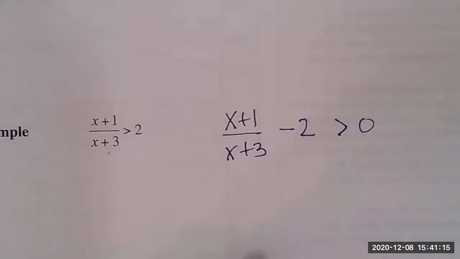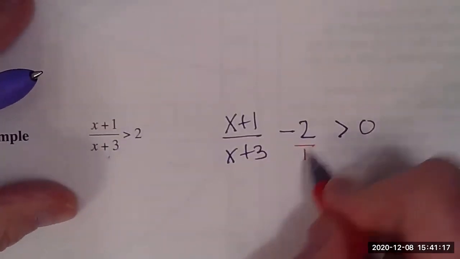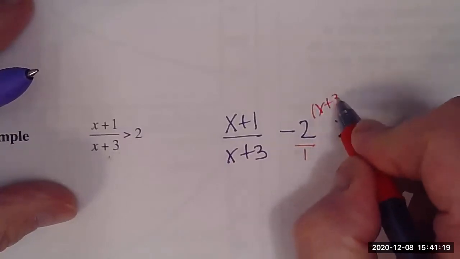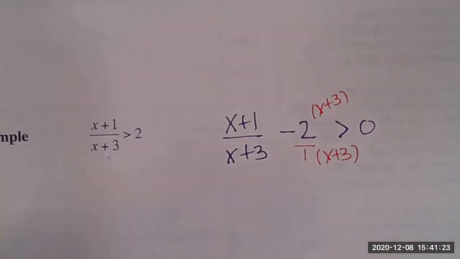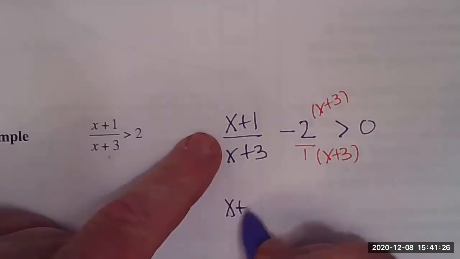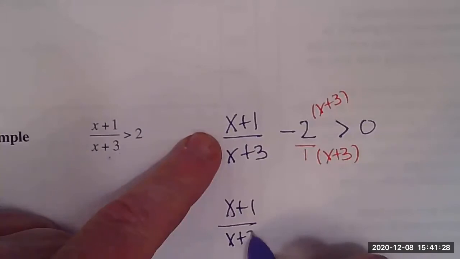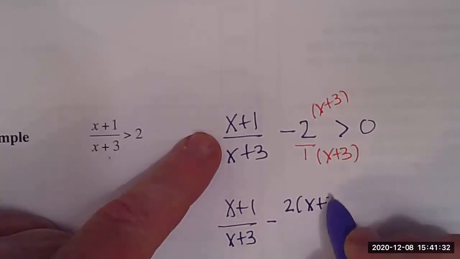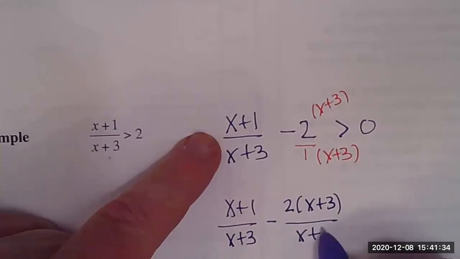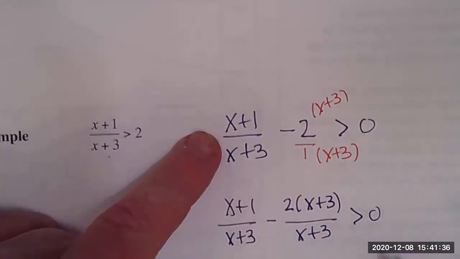Common denominator. That means x plus 3 to both. So I have x plus 1 over x plus 3, subtract 2 parentheses x plus 3 over x plus 3, greater than 0.